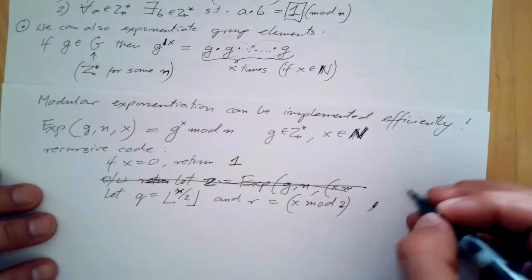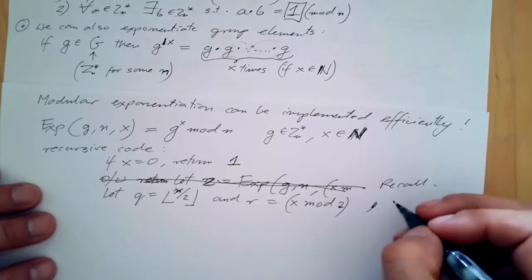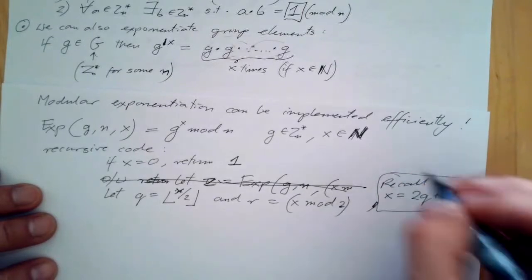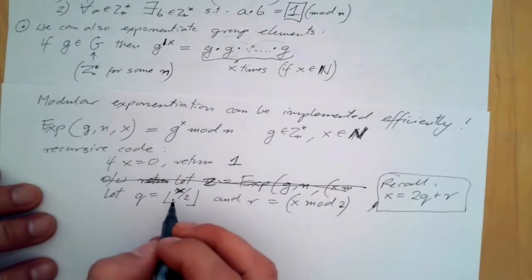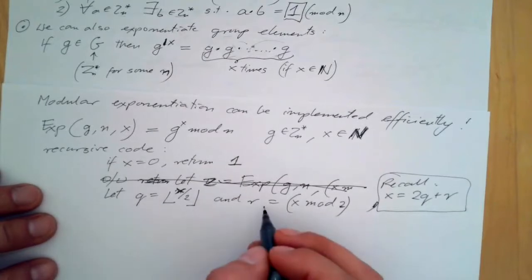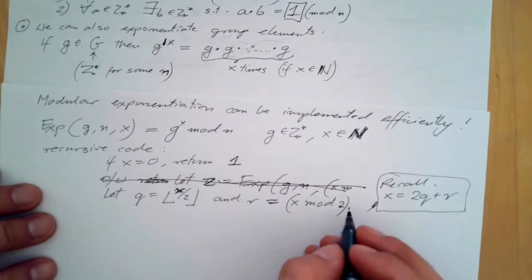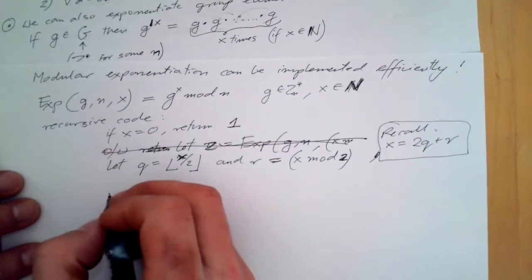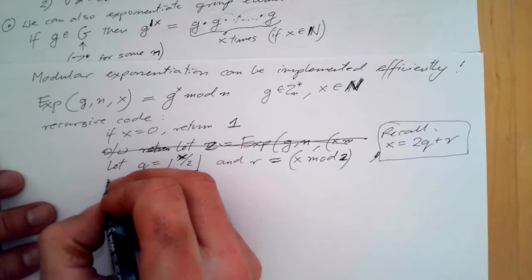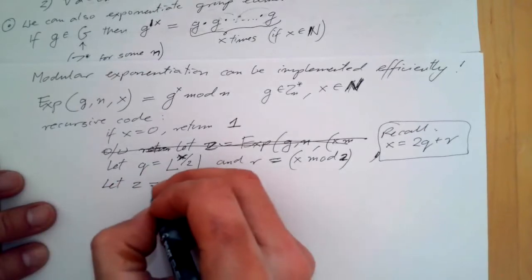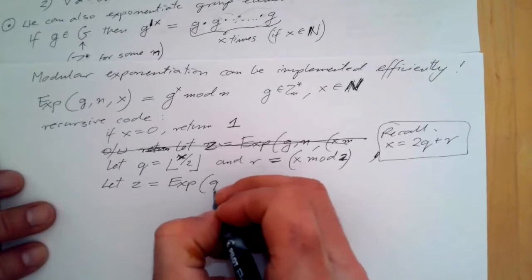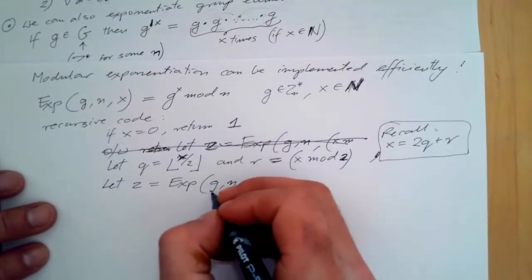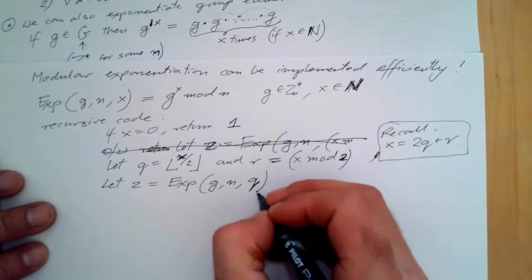So recall that X is 2Q plus R, right? Because I exactly do the integer division. I take X divided by 2 and floor, and I take the remainder of this integer division by 2. Let Z be computed recursively like this, exponentiation of G, n, Q. Sorry, this is not a great notation, but this is my new exponent.